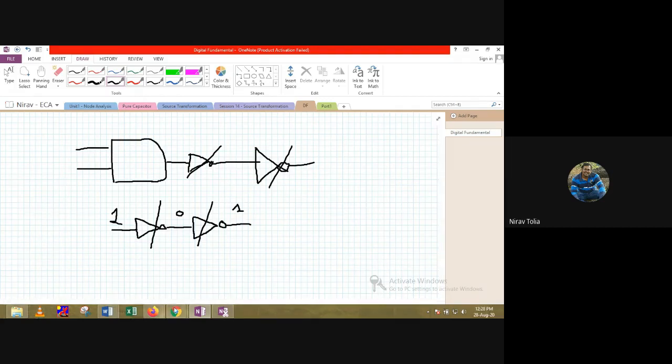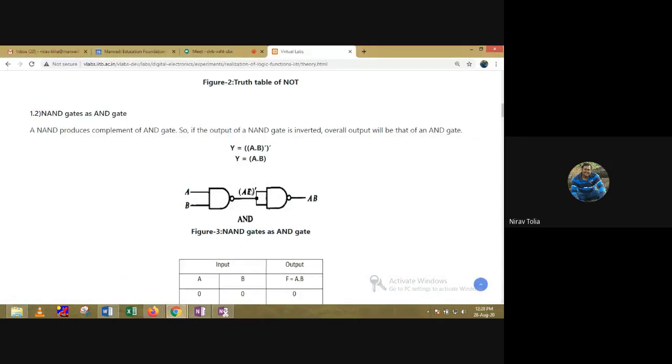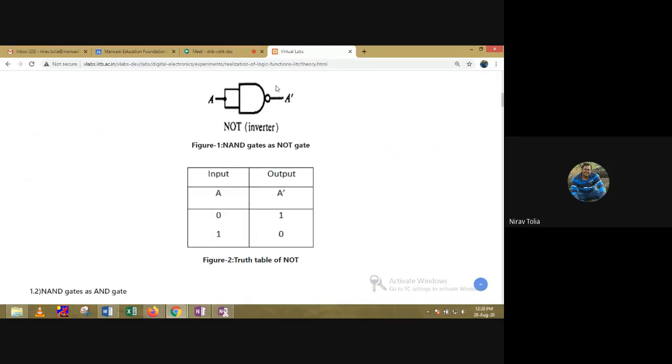The same thing we are doing here. This is the NAND gate. Now what is this? This is the NOT gate only. Just above we created a NOT gate. How can we create a NOT gate by using a NAND gate? If we connect both the inputs together and give a single input, then our NAND gate works as a NOT gate.